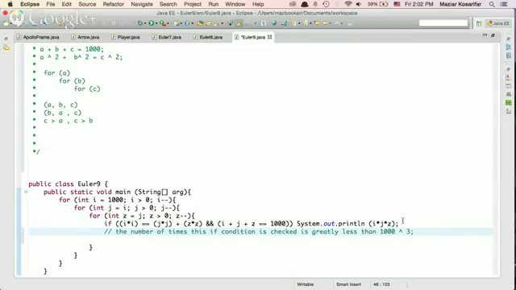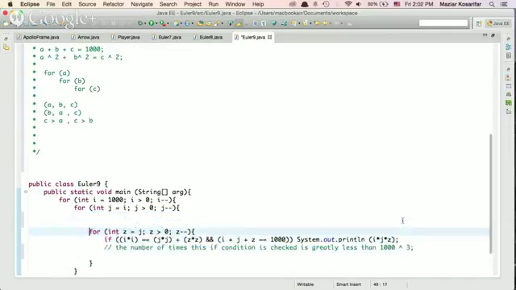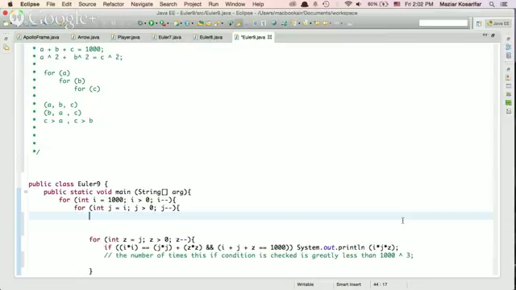Just to compare, the times that this for loop will be checked is almost equal to 1000 times 999 over 2 over 2. That is quite a bit less than the real count if there were no conditions and this one also started from 1000 itself.